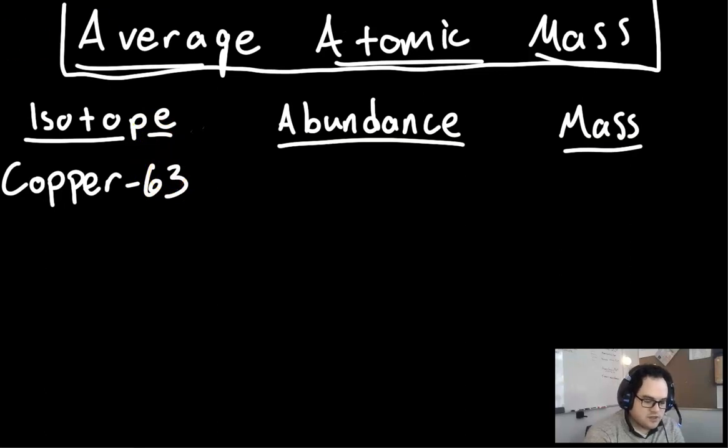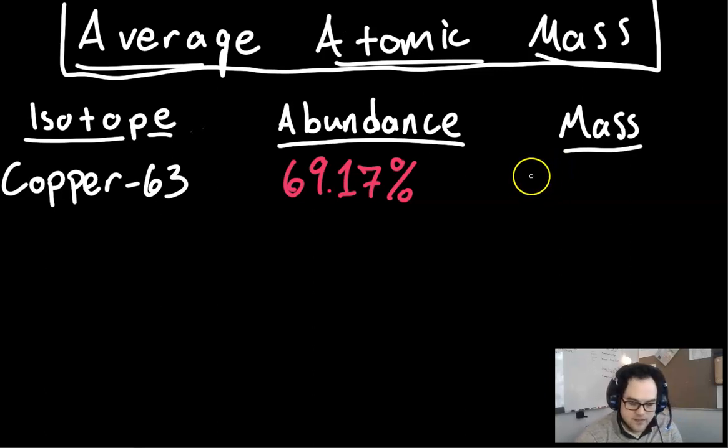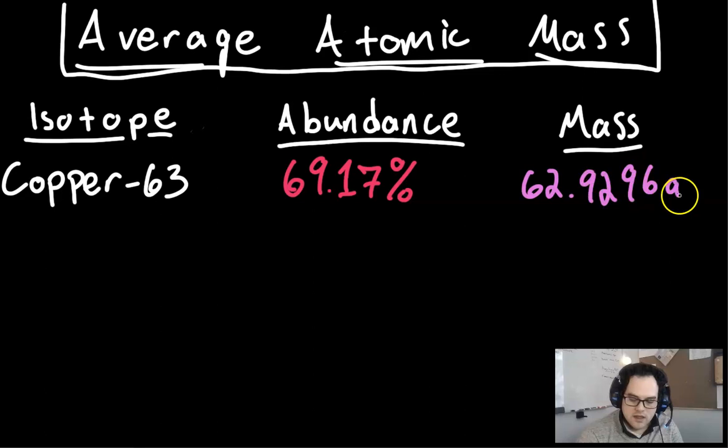The abundance of copper 63 is 69.17%, and its mass is 62.9296 AMU.